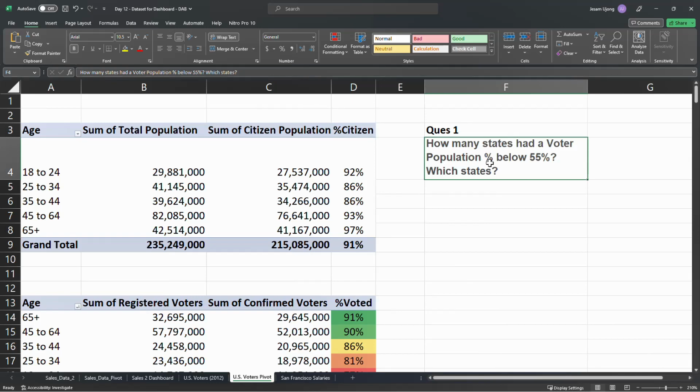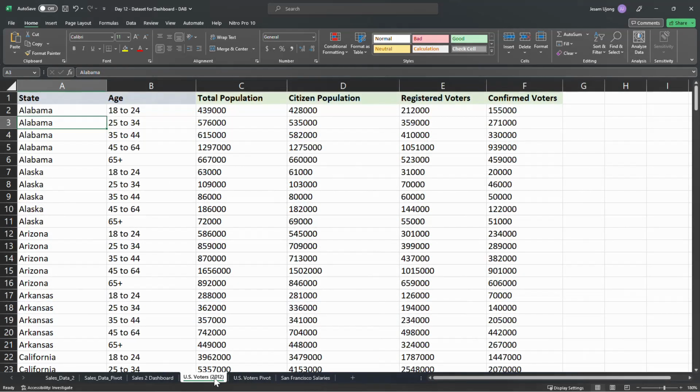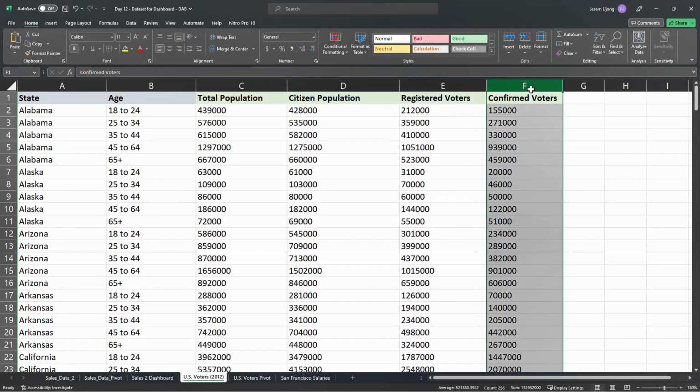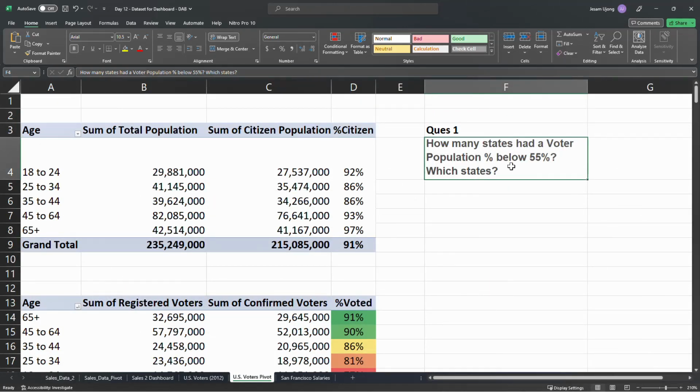In our fields, we had total population, citizen population, registered population, and confirmed voters population. Now the question is, how many states had a voter population percentage below 55%, and what were the states?